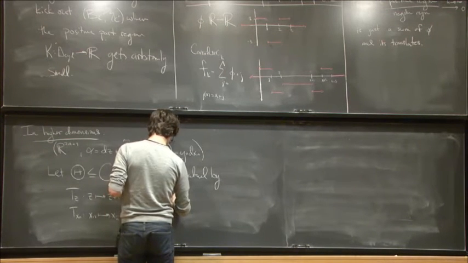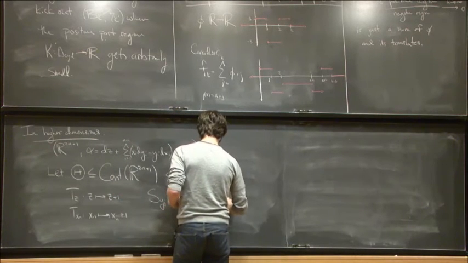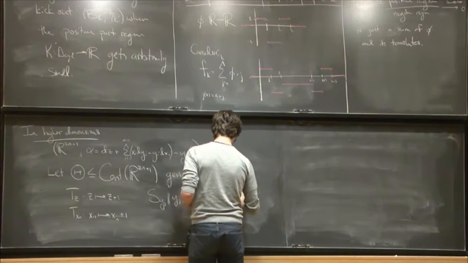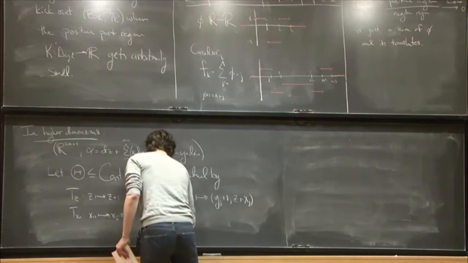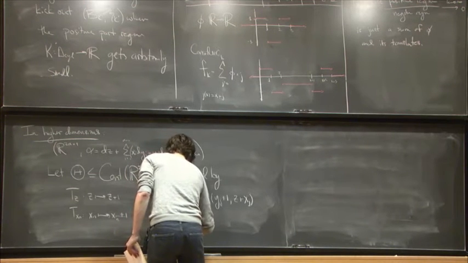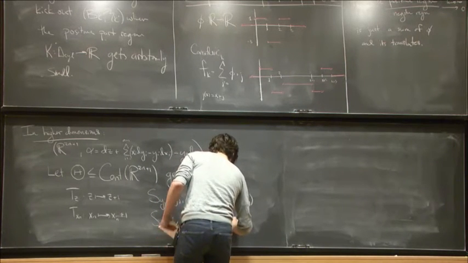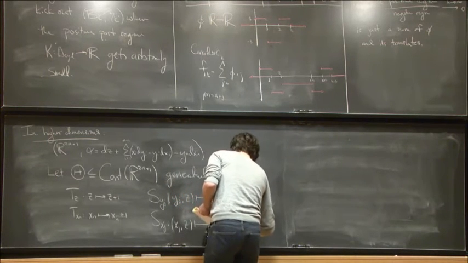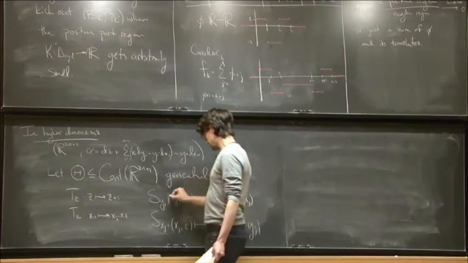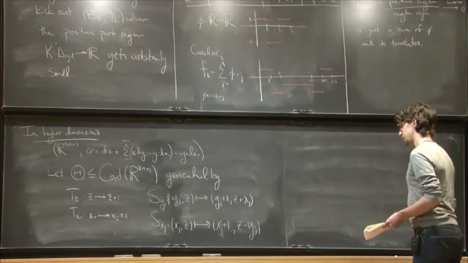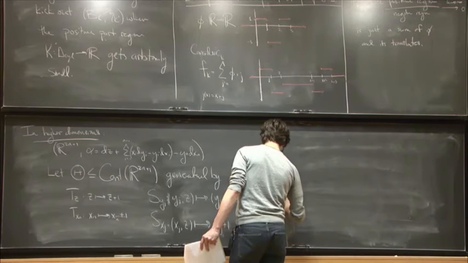It maps (y_j, z) to (y_j plus 1, z plus x_j), and S_{x_j} maps (x_j, z) to (x_j plus 1, z minus y_j). And so this is for j equals 1 to n.